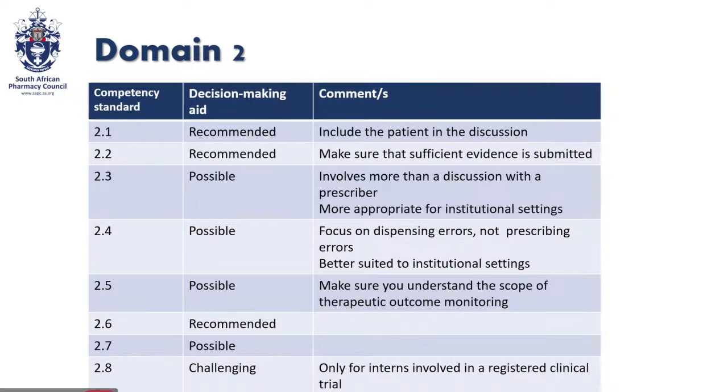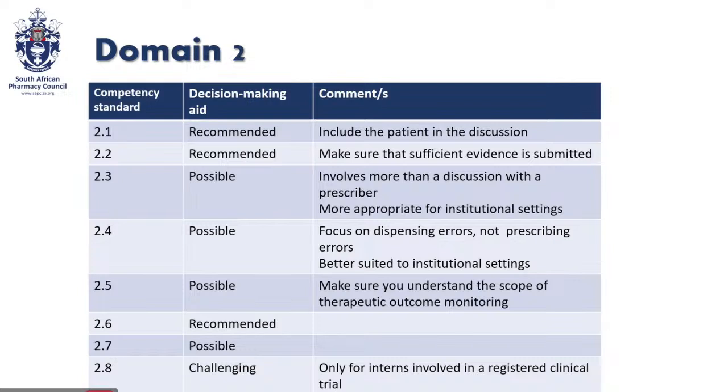If we look at domain 2, the recommended ones are 2.1, which is patient consultation, 2.2, patient counseling, or 2.6, pharmacist-initiated therapy. 2.3, 4, and 5 is possible, and 7 as well, but 2.8 is really challenging because that involves clinical trials, so you have to be actively involved in a registered clinical trial.